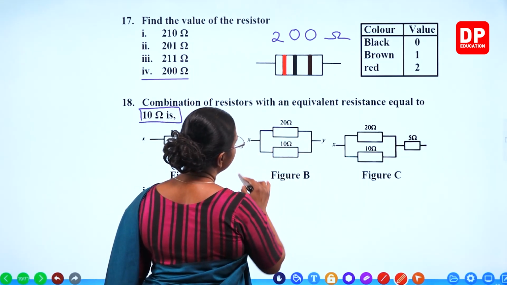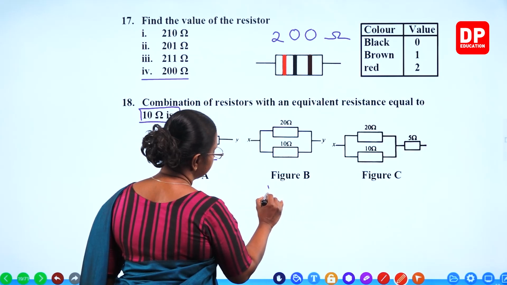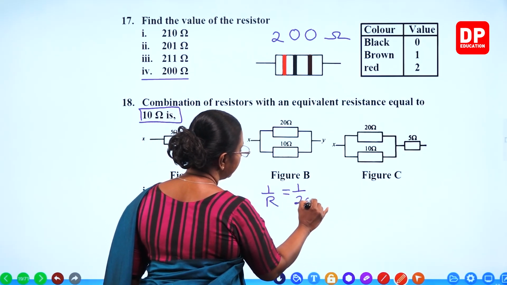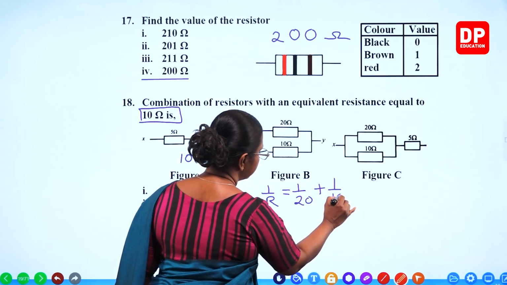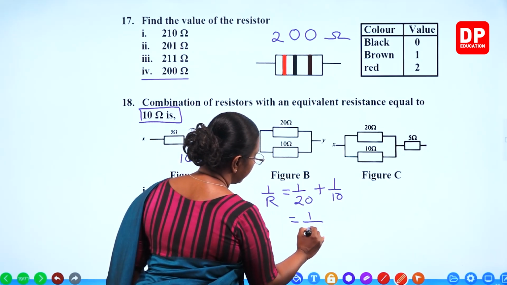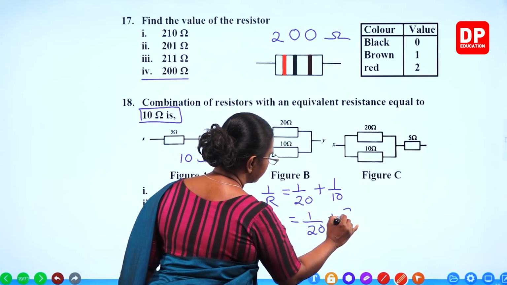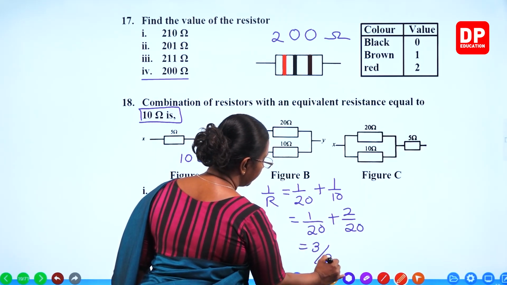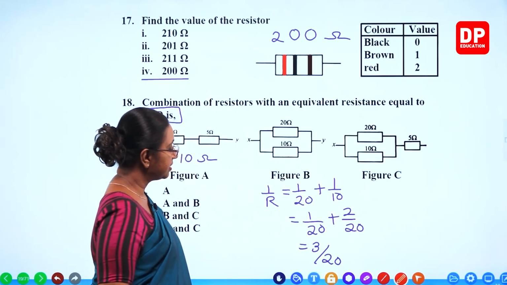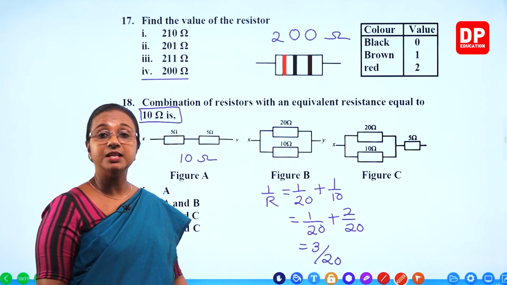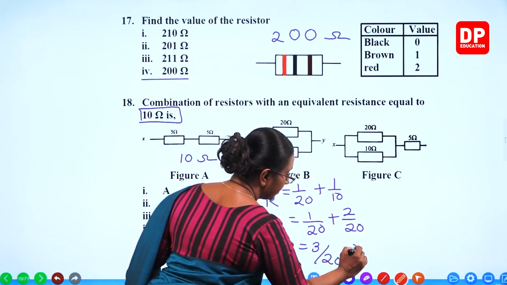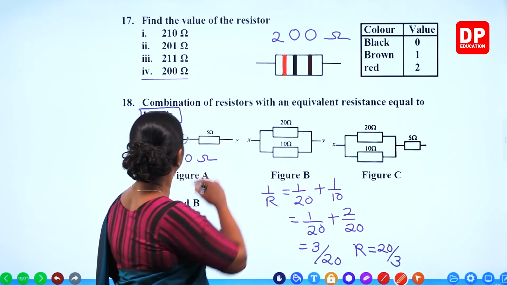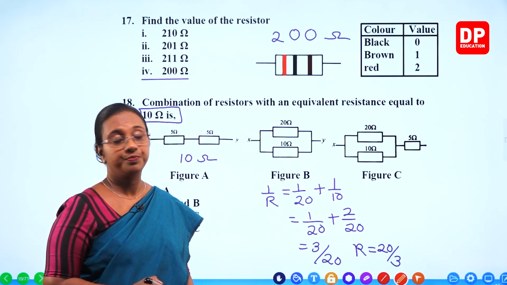If you take this one, what is the resistance? 1 over R is equal to 1 over 20 plus 1 over 10. So that is going to be 1 over 20 plus 2 over 20. That will be 3 over 20. When you take the reciprocal, R will be 20 divided by 3. That's not equal to 10 ohm.